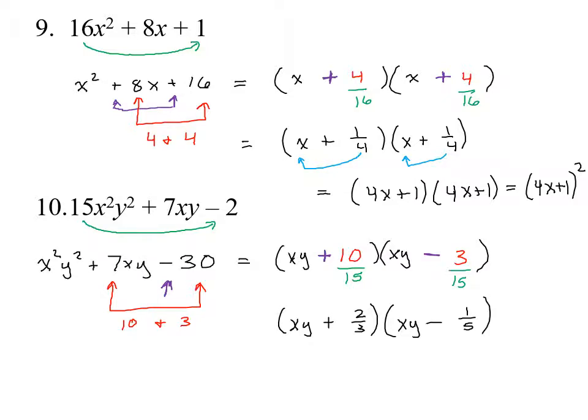And just like before, we don't really like the fraction, so I'm going to take the 3 and move it over, and take the 5 and move it over. And so I'll have my answer to be 3xy plus 2 and 5xy minus 1. And that's my answer. Again, if you don't believe me, check it. Foil it out. See if you get the same thing I do.